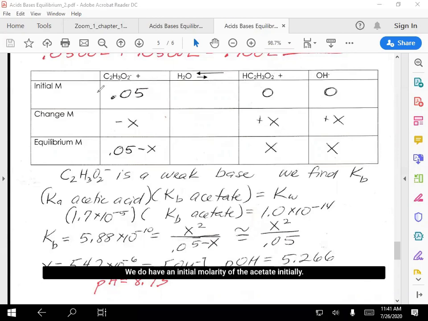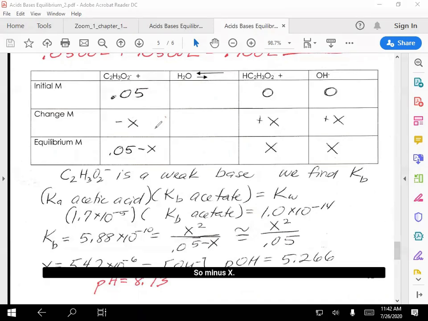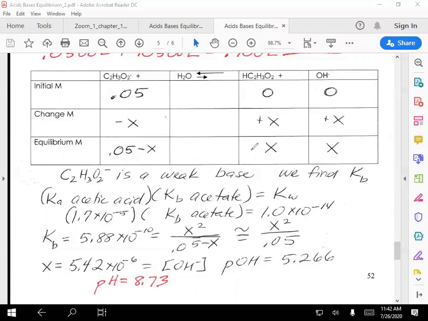We do have an initial molarity of the acetate. Initially, we have 0 acetic acid and 0 hydroxide. We're going to consider the forward direction of the reaction. So minus X, plus X, plus X. That gives us our equilibrium.